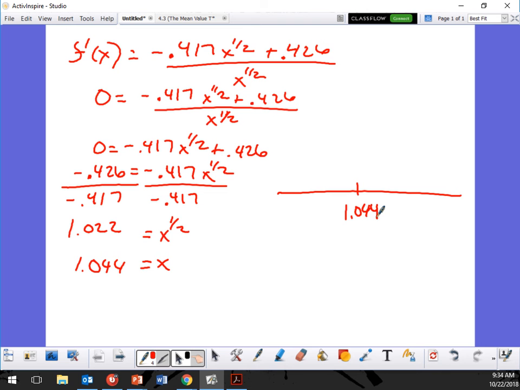So I know I'm going to have 1.044 and plug in numbers to the left of this. Okay, positive numbers to the left of this would be like, let's just plug in 0.5, see what you get. And let's plug in 1.5 on the other side. Why not plug in 1? You can do that too if you want.